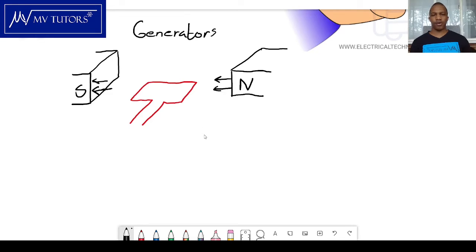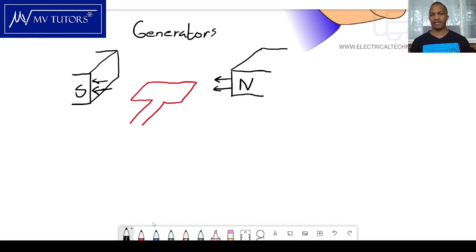We don't know anything, but what I'm going to tell you is that here we are, remember, turning the mechanical into electrical. So we're going to use the right hand rule.